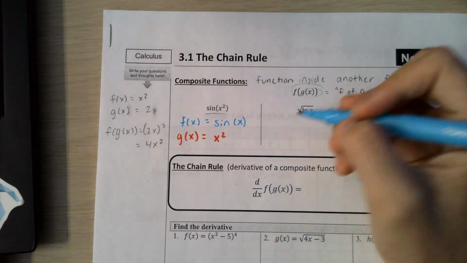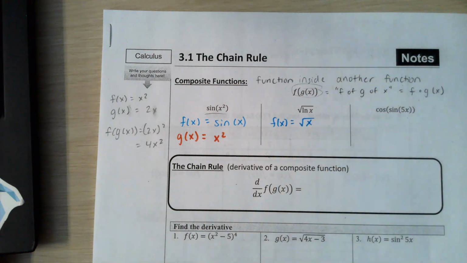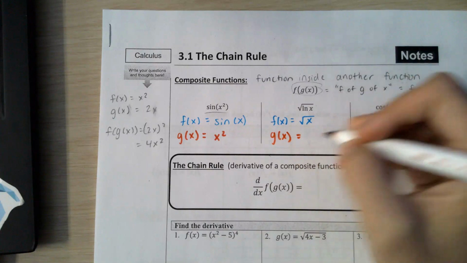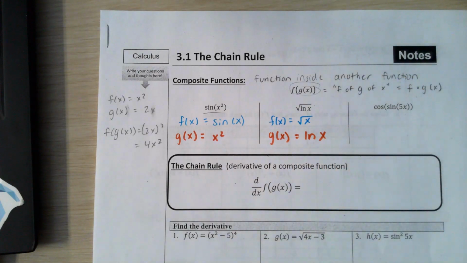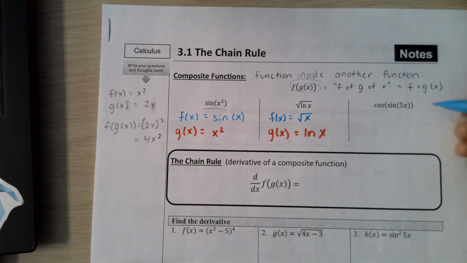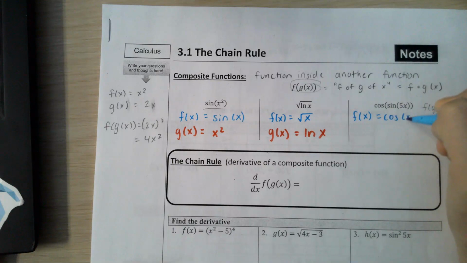So similarly here we have f of x equals square root of x, and then g of x is whatever's in that square root, so ln of x. And then this one's a little trickier. This one is actually 3 functions. So this is f of g of h of x, right? So the first guy on the outside is cosine of x.